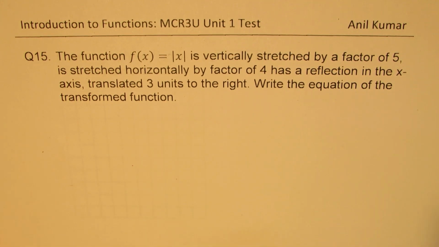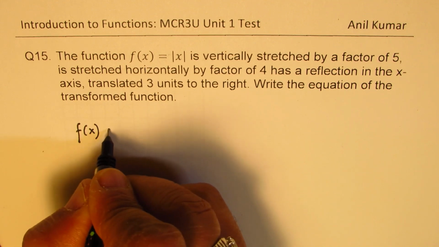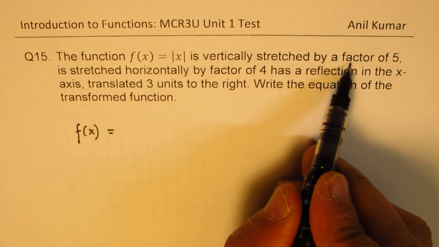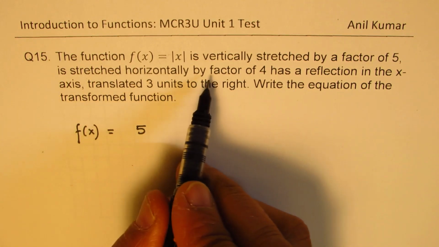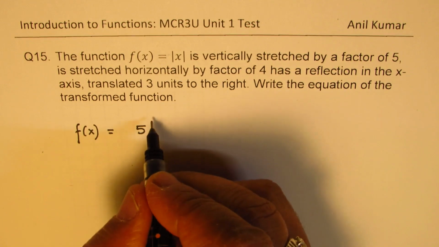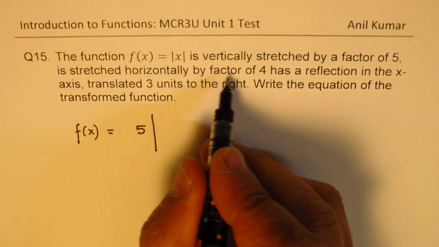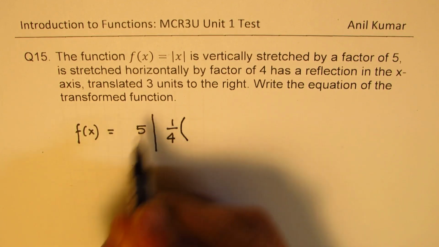So let's go one by one on this. We have f of x equals the absolute value, vertically stretched by a factor of 5, so we get 5 outside, right? Horizontally stretched by a factor of 4.